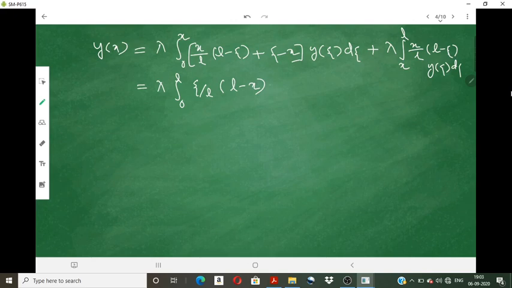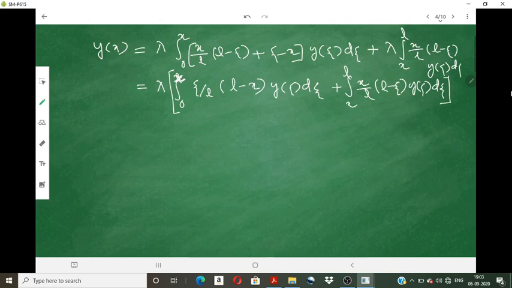Theta by L into L minus x, y of theta d theta, integral 0 to x, plus lambda, we can take it as common, integral x to L, x by L into L minus theta, y theta d theta.